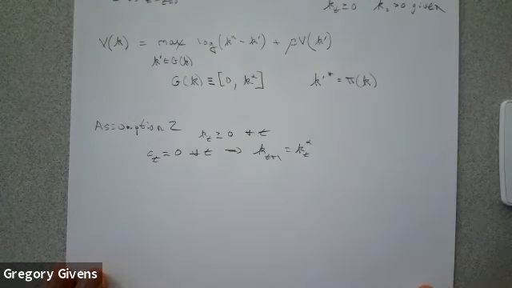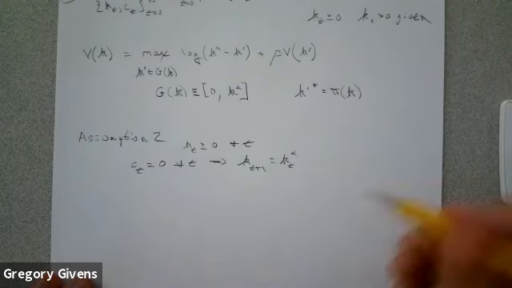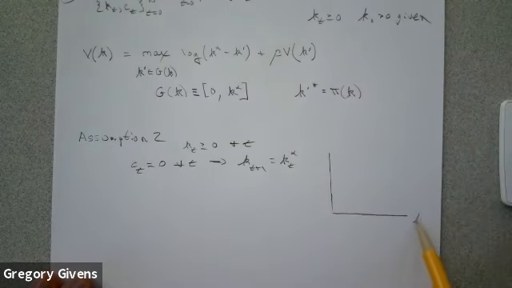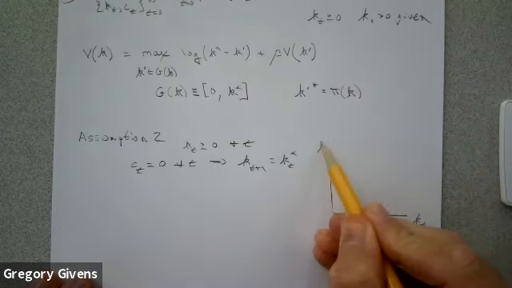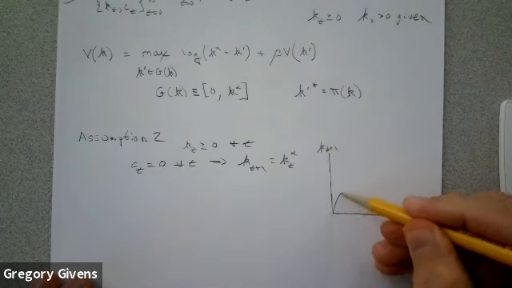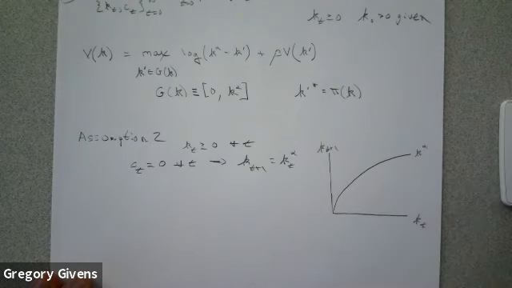We're going to assume the constraint binds, right? This looks like a mapping between K_t and K_{t+1}. What does that mapping look like? Well, it's just the production function, right?